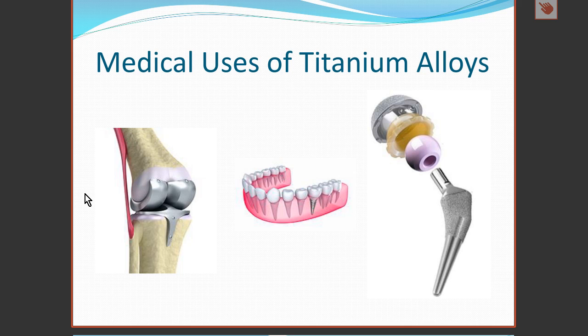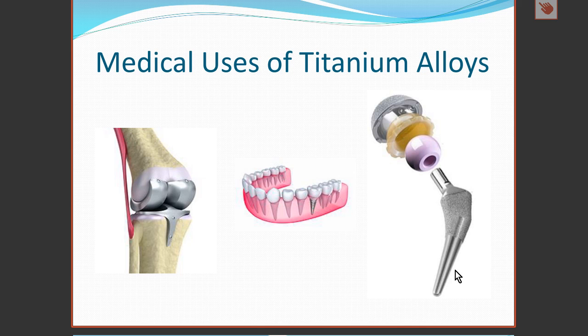And titanium alloys are commonly used for medical applications because they are biocompatible. So here we have an illustration of a knee replacement, I've forgotten the word for it now, an implant for, well, it looks like the root for a tooth implant.